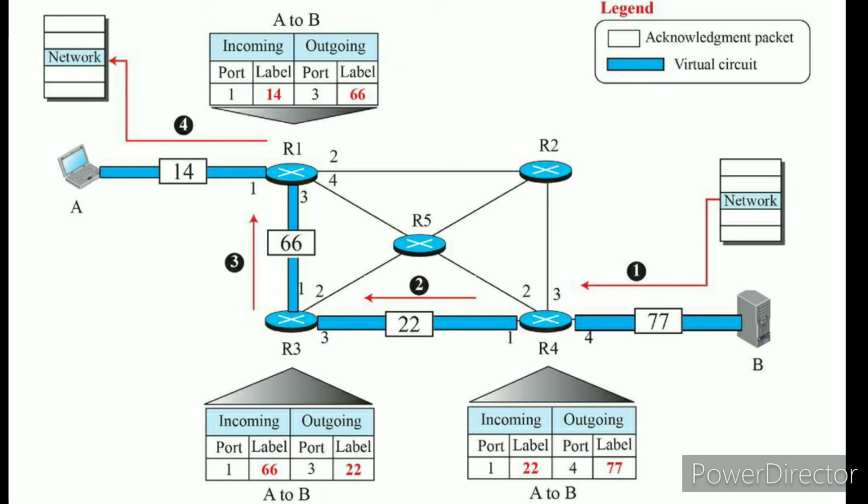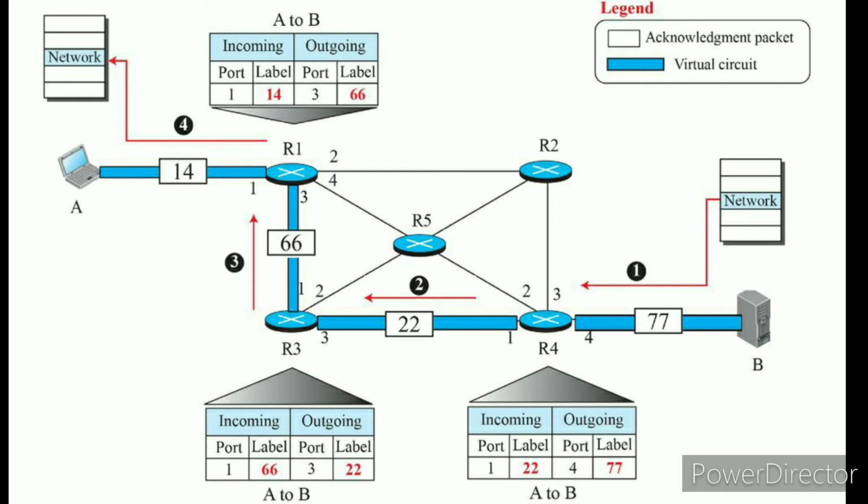Now again, when the same packet reaches R4, it fills the first 3 columns as it is done in the first 2 cases. It is coming through port 1, it assigns a new label, called 22, and the outgoing port is 4.